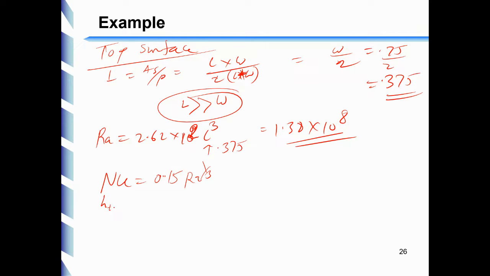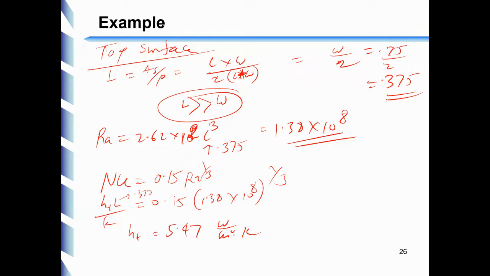So h_T equal to 5.47, with L equal to 0.375 and k equal to 0.0265. Then you can get the h_T.